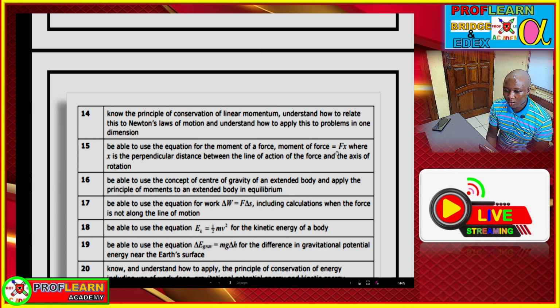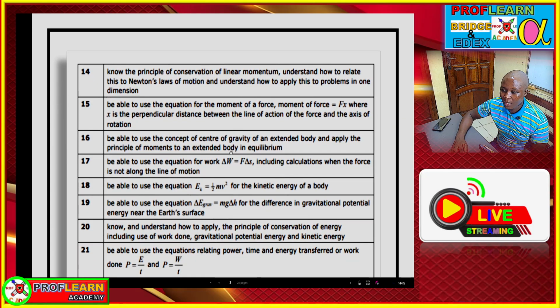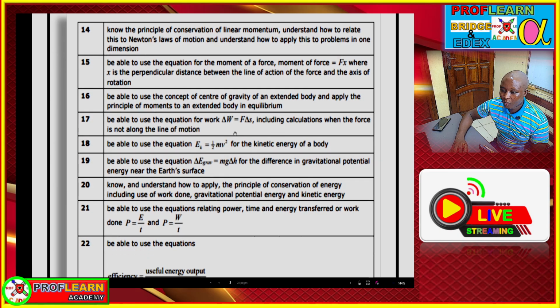Don't forget also to go through the concept of work and power. Work is force times distance, and you also need to remember how to calculate concepts like kinetic energy and gravitational potential energy. Kinetic energy is given by half mv squared, half mass times velocity squared, and then we have the concept of gravitational potential energy.